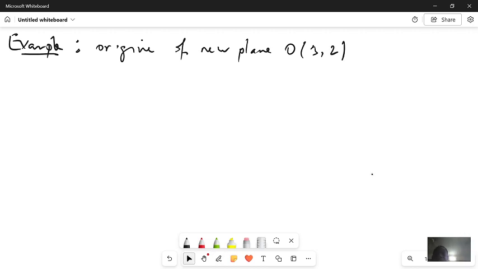In the new plane, the point P has coordinate (4, 3).